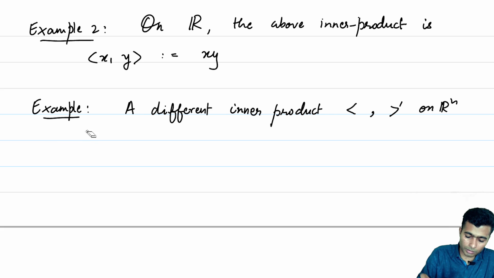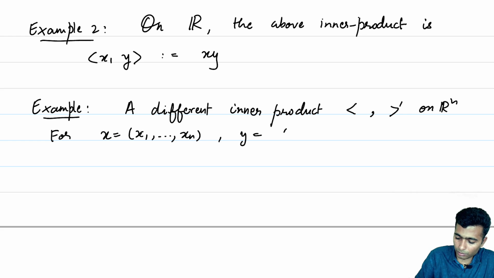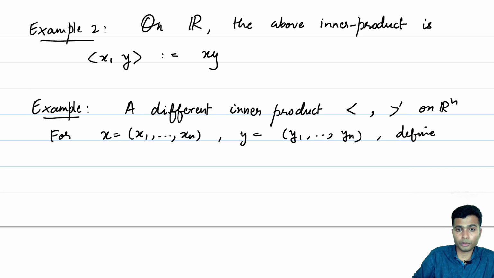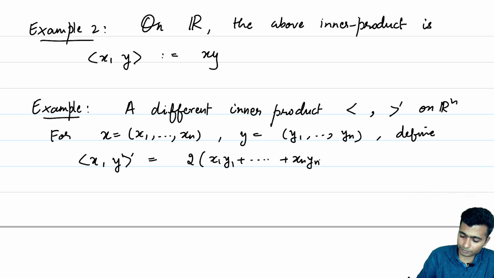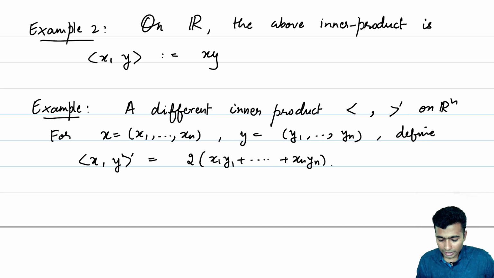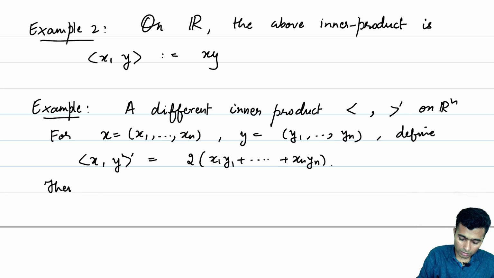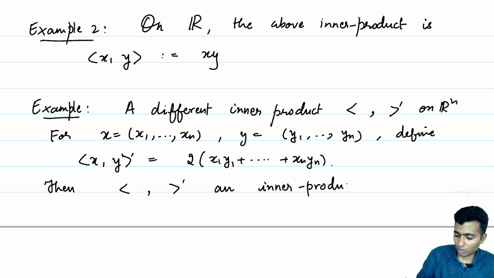For x equal to x1 to xn and y equal to y1 to yn, define the new inner product of x with y to be equal to 2 times x1 y1 plus up to xn yn, and I leave it to you to check that this is also an inner product on Rn.